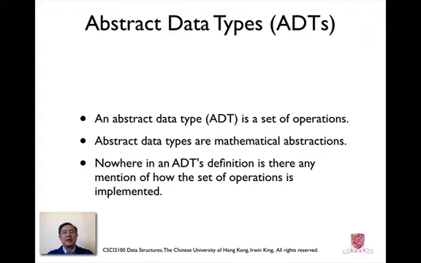Let's see this abstract data type from another angle. So an ADT is a set of operations. And abstract data types are really mathematical abstractions. Nowhere in the ADT's definition is there any mention of how the set of operations is being implemented.